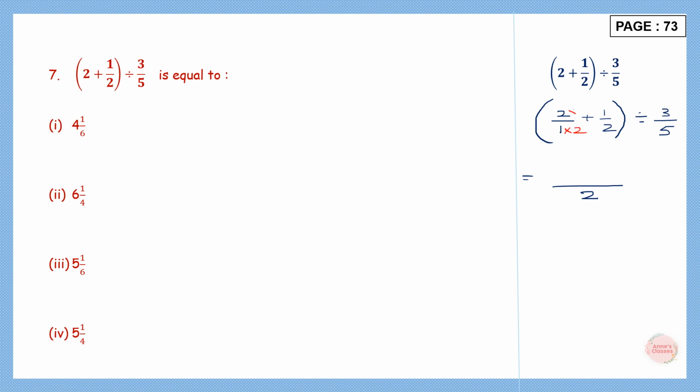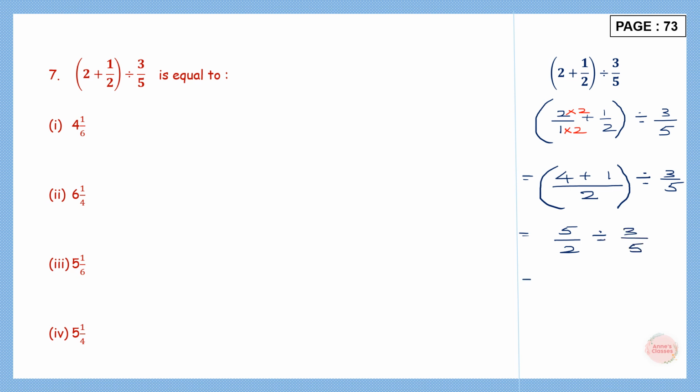So we multiply the numerator also by 2, and we get 2 2s are 4. Look at the second denominator, 2. Since the denominator is the same, we put the same numerator, 1. So 4 plus 1 is 5. 5 by 2 divided by 3 by 5.